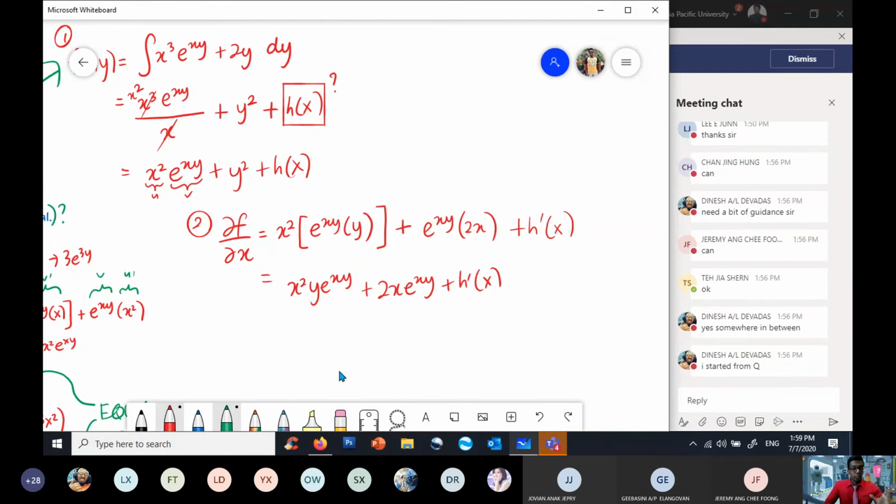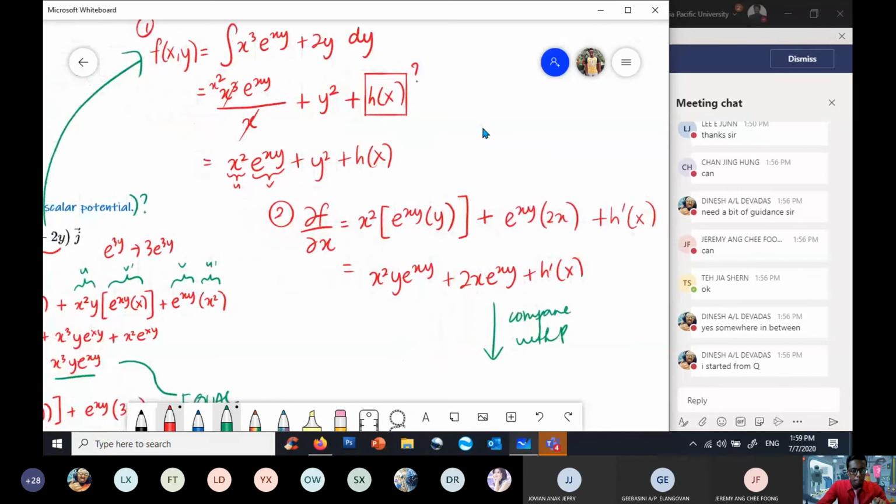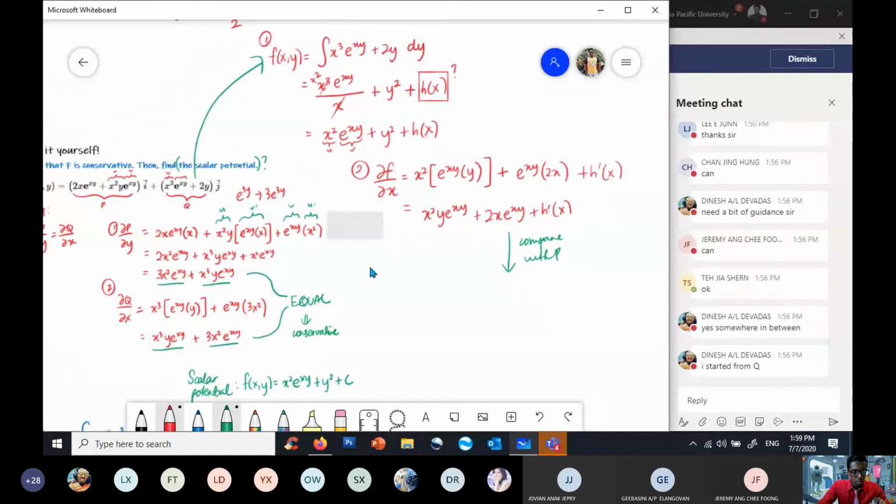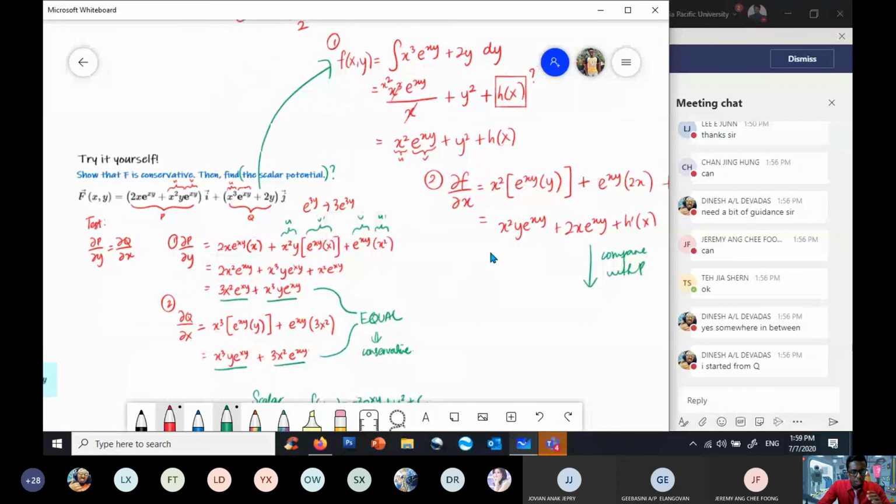Now, because I started from Q, I'm going to compare it with P. Comparing with P, let me look back at the P. x squared y e^(xy) is there, 2x e^(xy) is there, h prime x, there's nothing.